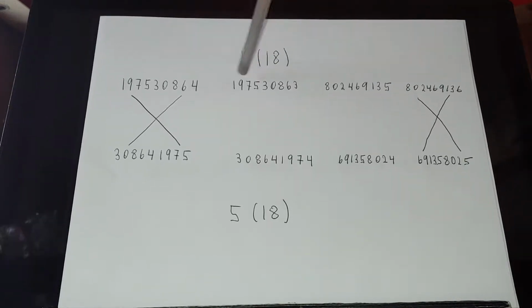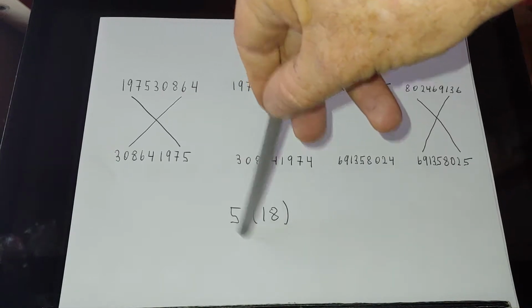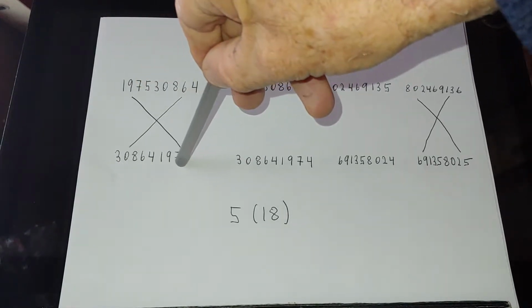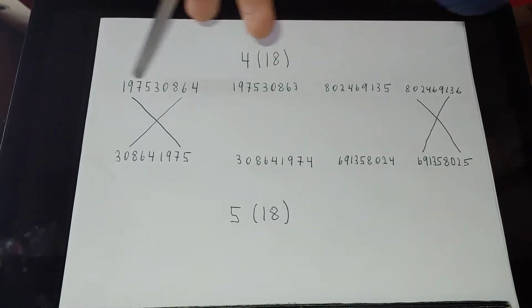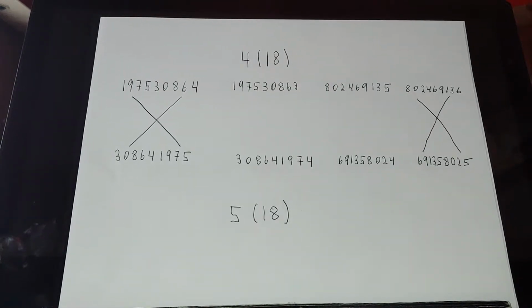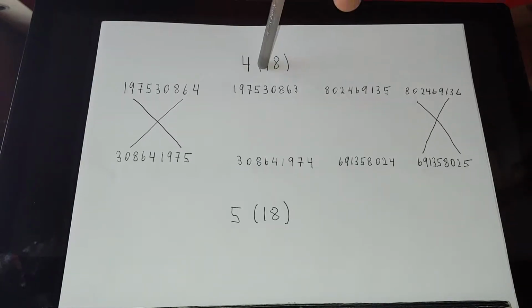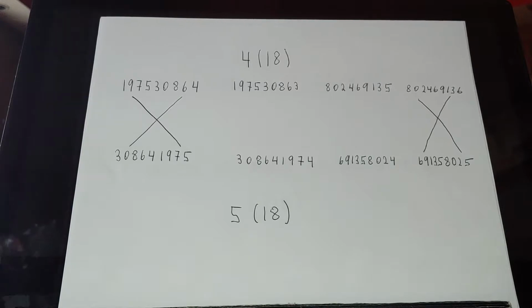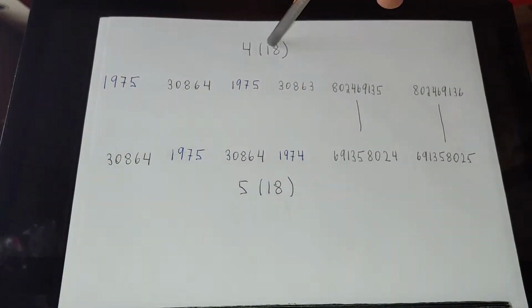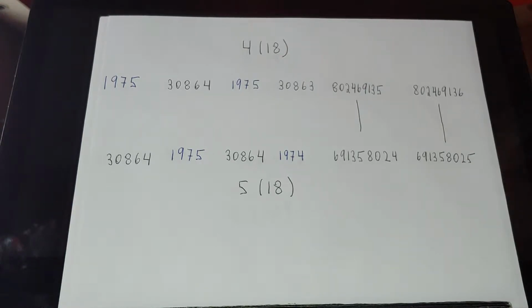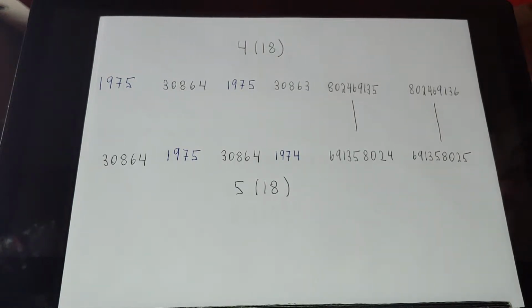We see that in 4 and 5. This is 308641975, or 308641975. Same number, just a little bit of a different arrangement between the 4 and the 5. And here we see something else a little bit of a different way. This is the left side of the number, and this is the right side of the number.